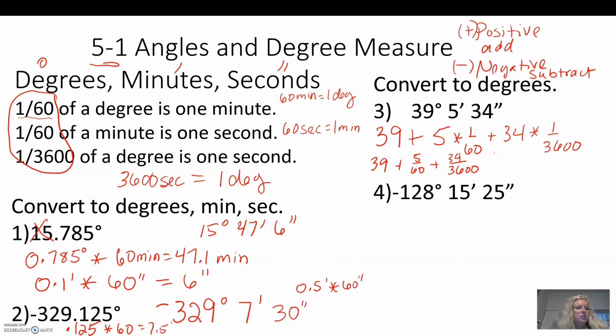I'm not going to ask you to do this in your heads or by hand. You can definitely use a calculator for this one. I'm going to switch to my scientific calculator and enter 39 plus 5 divided by 60 plus 34 divided by 3,600.